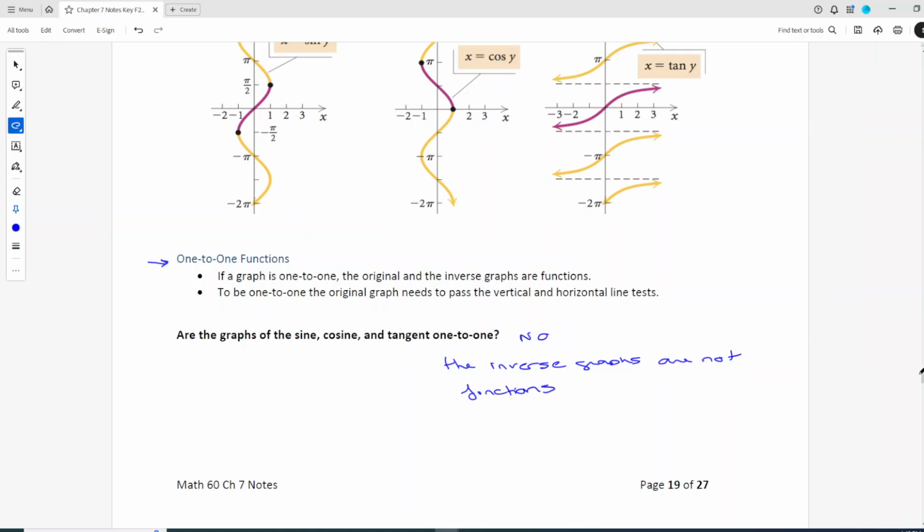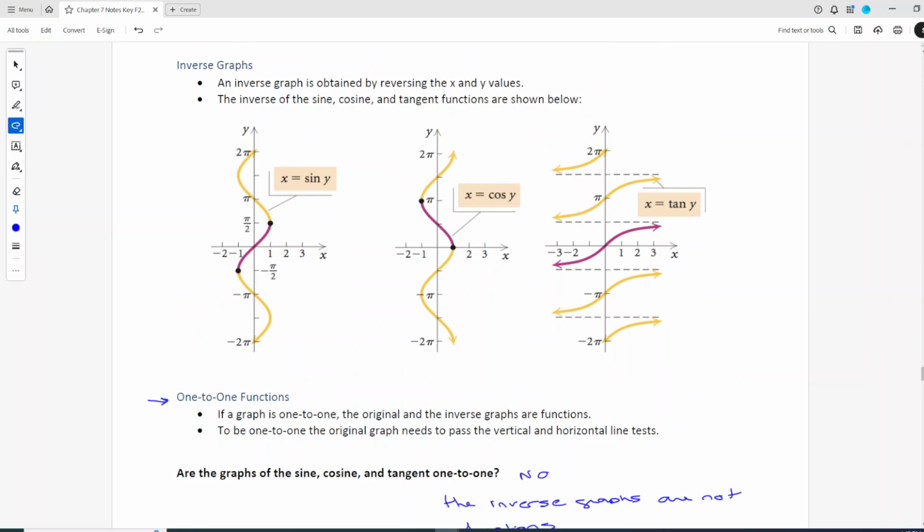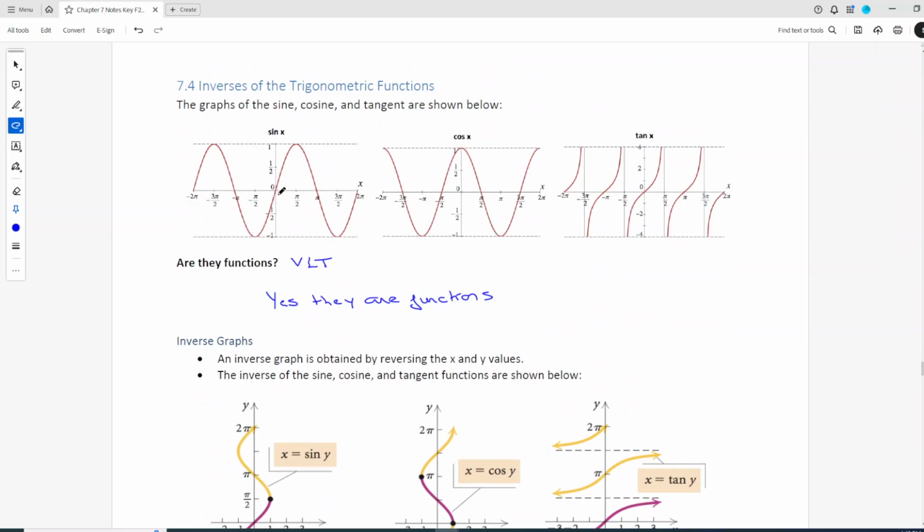Now, why do we care about this? We care about this from a calculator standpoint. When I plug the sine of pi by 2 into my calculator, it can only give me one answer, 1, because this is a functional relationship.